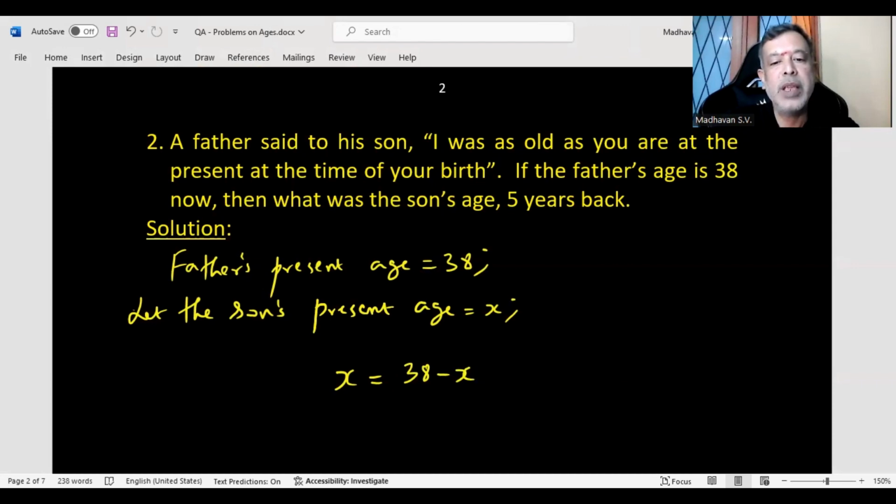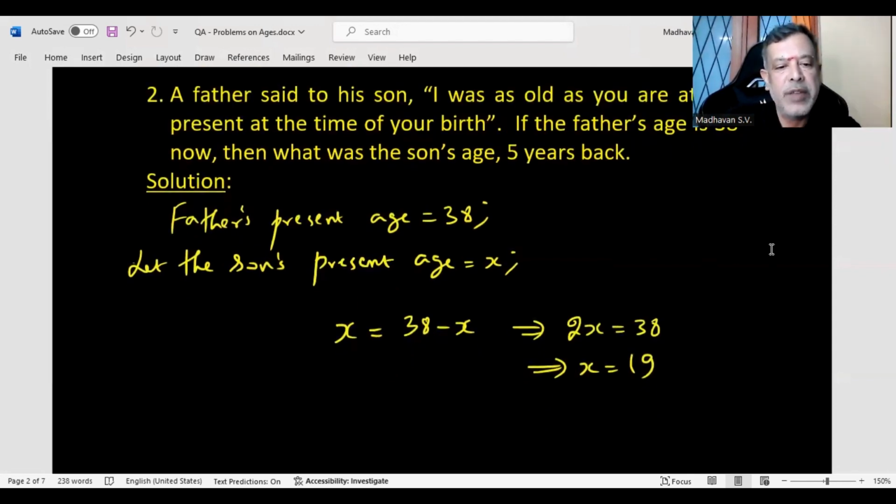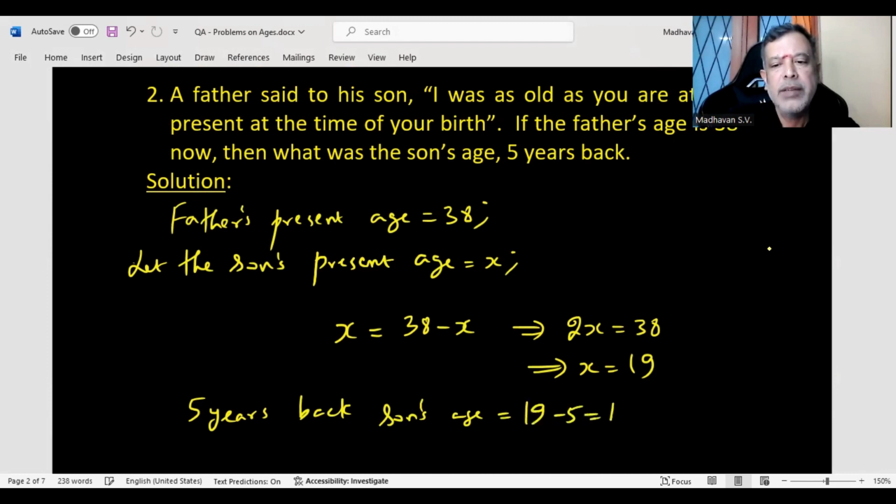So x is equal to 38 minus x, which means 2x is equal to 38, or x is equal to 19. What is the question? What was the son's age 5 years back? 5 years back, the son's age will be the current age 19 minus 5, which is 14. So that is the solution for this question.